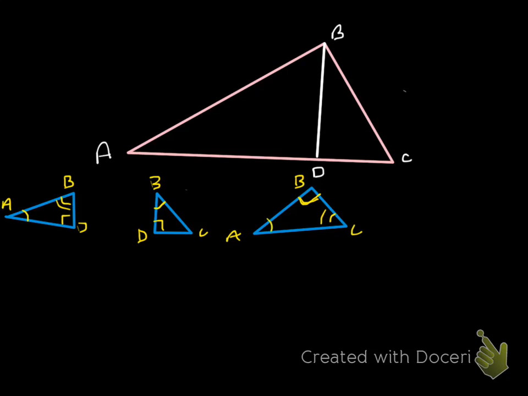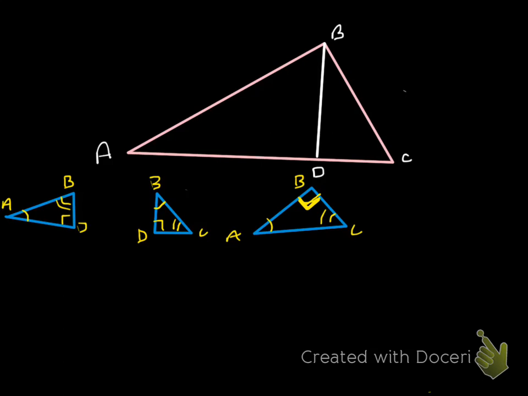So angle A is going to be congruent to itself. That's a better way to look at this picture, and here's C again. So there's another way to look at the picture so you can actually see all the congruence. What you're going to see now is they're all congruent to one another, and that makes them all similar.